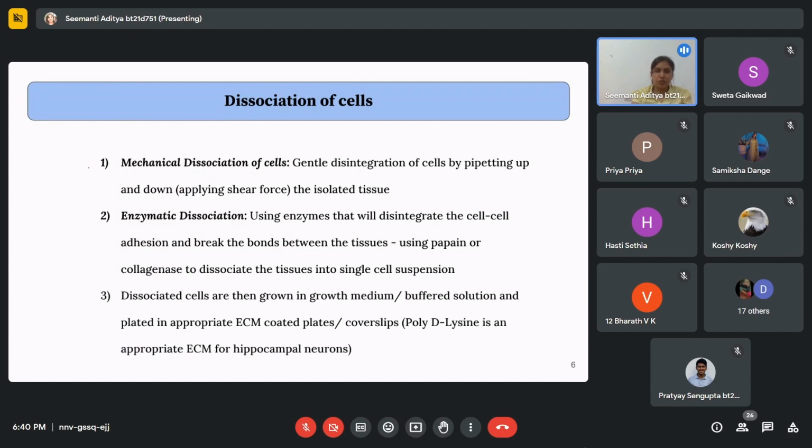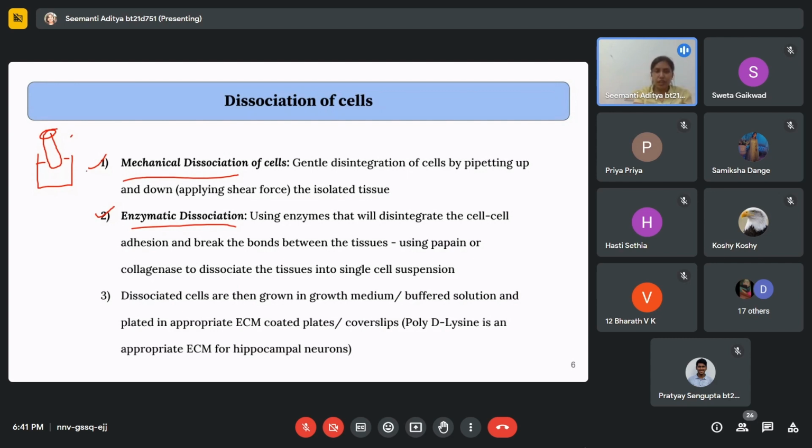So there could be two types of dissociation. One is mechanical dissociation and one is enzymatic dissociation. For mechanical dissociation, as I said, we can use a mortar and pestle, the thing which has this kind of marble structure, for dissociating. We have to grind softly, not very rigorous grinding.